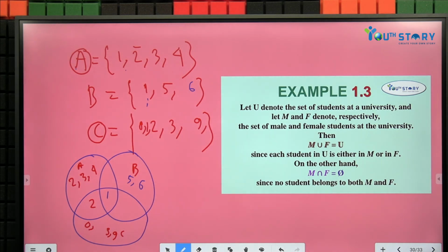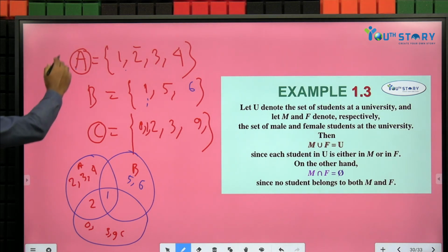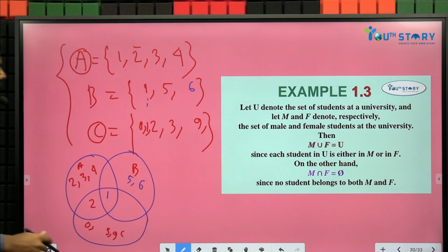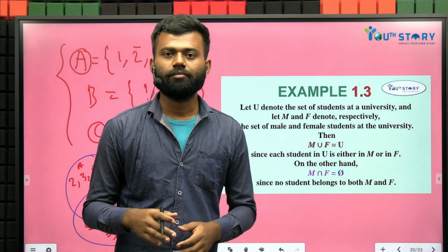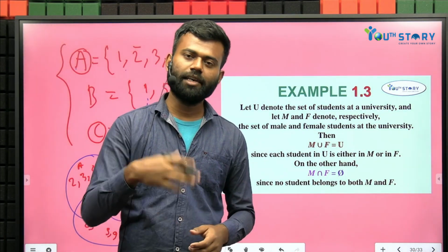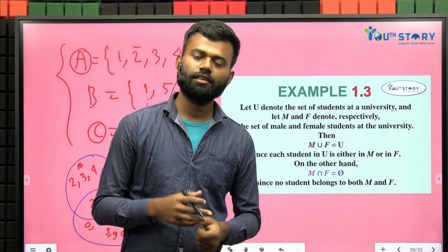Basically, this is the one Venn diagram according to this. So we can easily draw a Venn diagram of any number of sets.